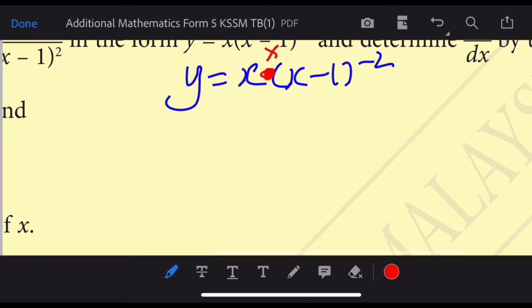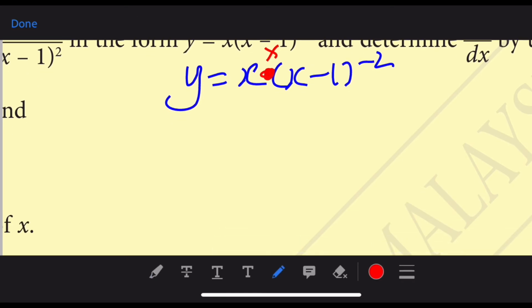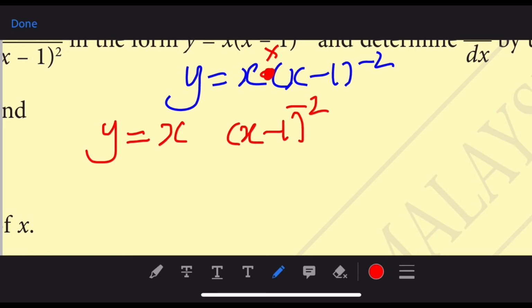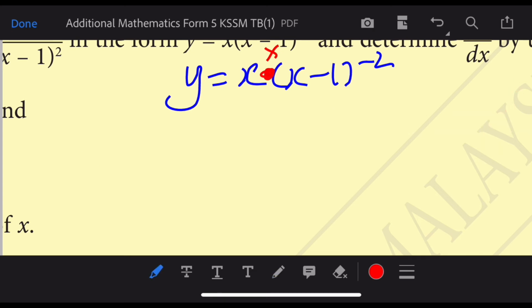I use the way which is very easy to remember. So y you copy down, give some space. Plus, because multiply is always plus. Here give some space. Here x, here x minus, copy. Why do you copy? So that you memorize the steps.